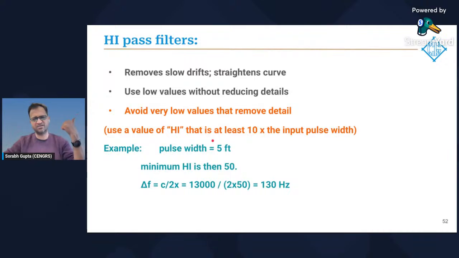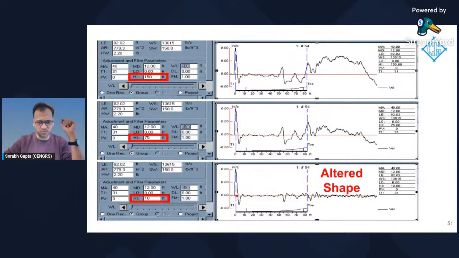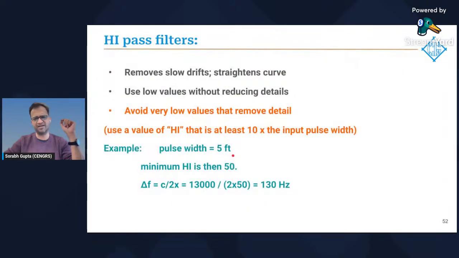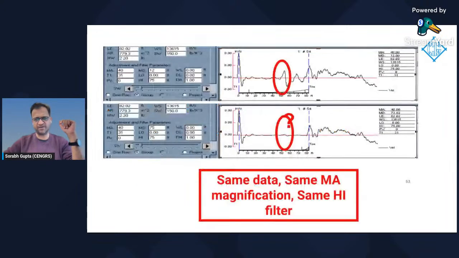The rule of thumb is use a high pass filter that is no less than 10 times the input pulse width. So this is the input pulse width right here. So if the input pulse width is, say, 5 feet, then your minimum high pass filter should be 50, no less than that. So this is high pass filter.